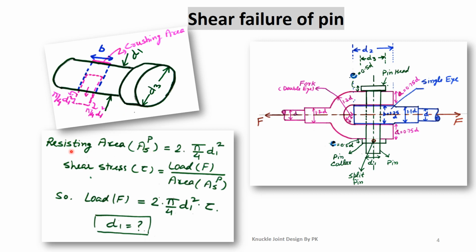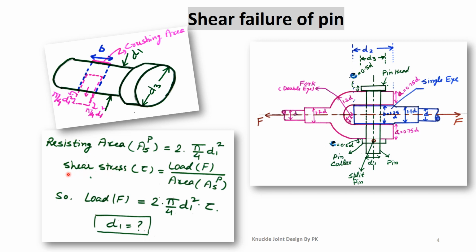The resisting area ASP, where A means area, S means shear, and P is for pin, is twice pi by 4 d1 square. Pi by 4 d1 square is the area of the pin, and we have taken twice of it because this is the case of double shear failure, as the pin fails from this location as well as this location.